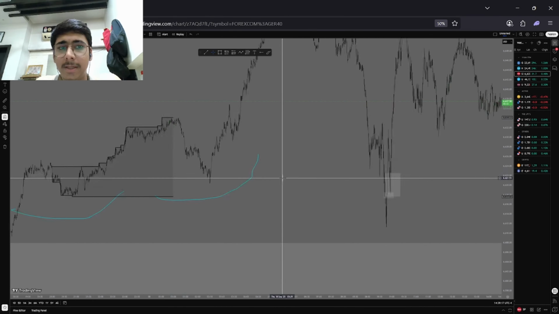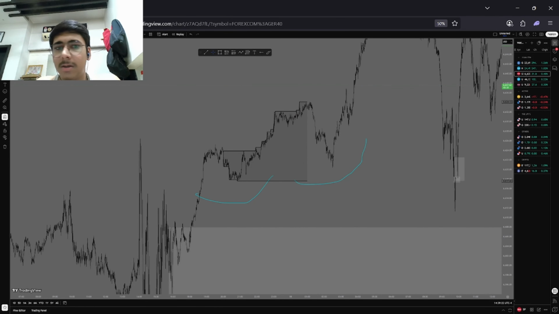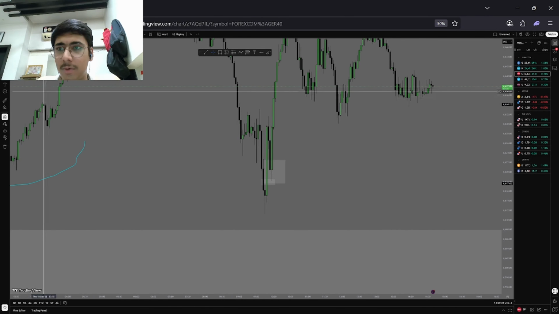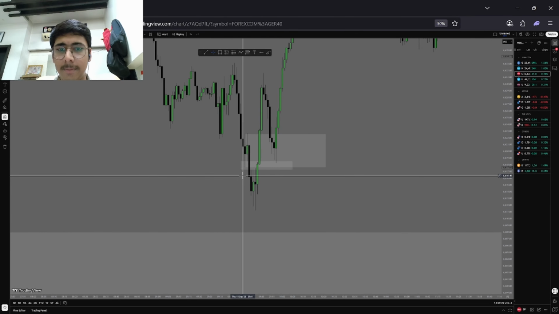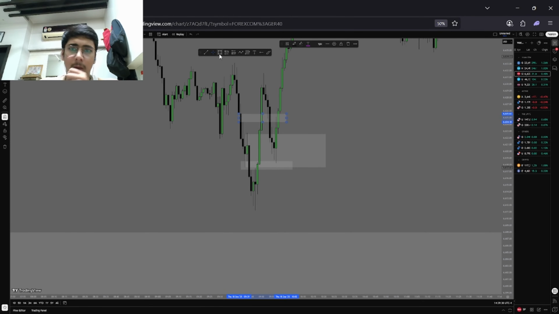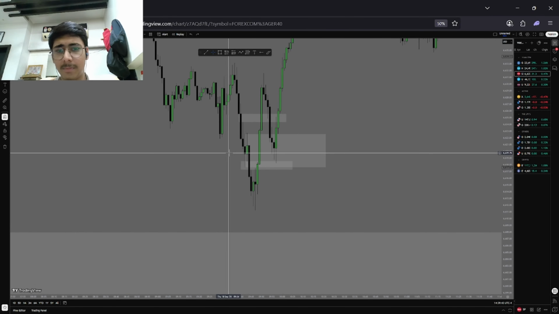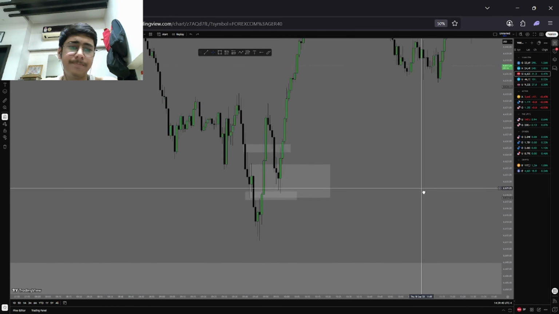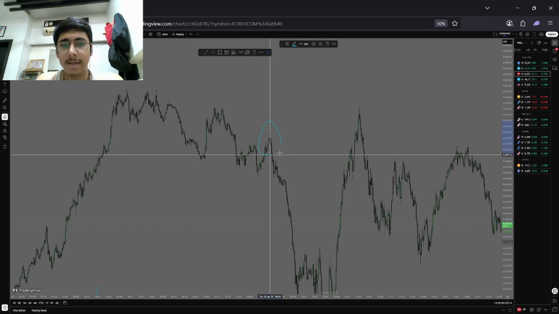Same setup in SPX. As you can see, we took out these lows, which I already marked. Then we inverted a fair value gap in a minute. Pretty much three fair value gaps we have inverted. This was the first one, this was the second one, and then we even had a breaker block for retesting, and then we continued higher, and we took out these highs.